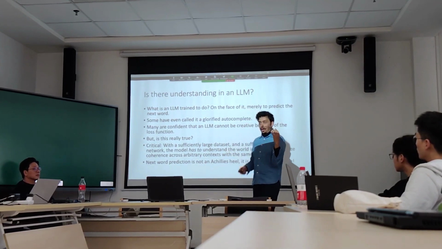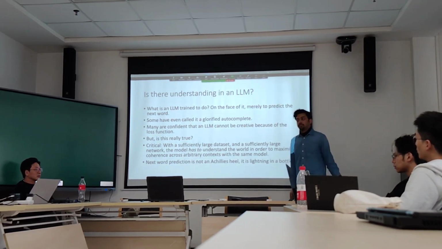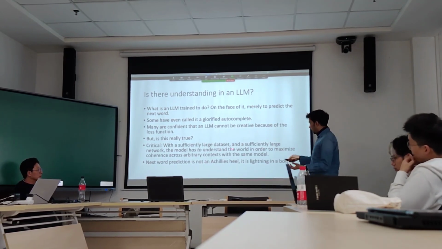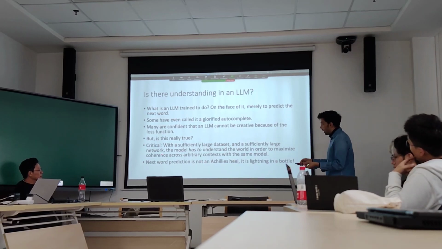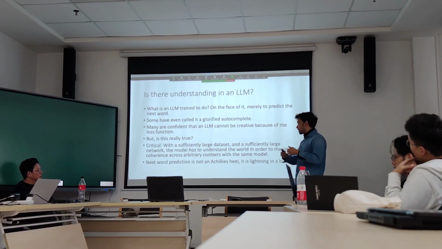And fundamentally, therefore, at least in the way that knowledge is encoded, there is no difference between an LLM in this mode and us. So then, if you have a sufficiently large network, the model has to understand the word in order to maximize coherence across arbitrary contexts with the same model.